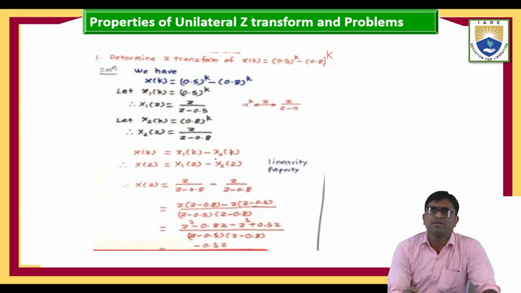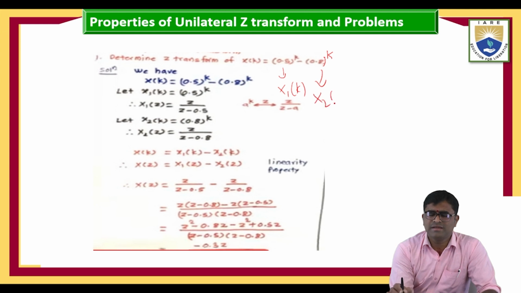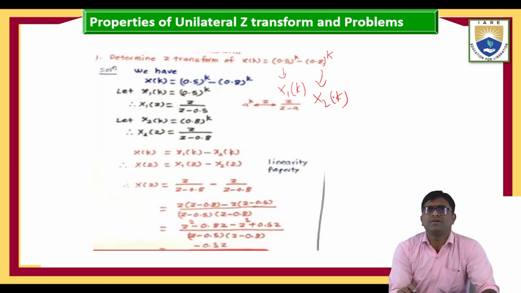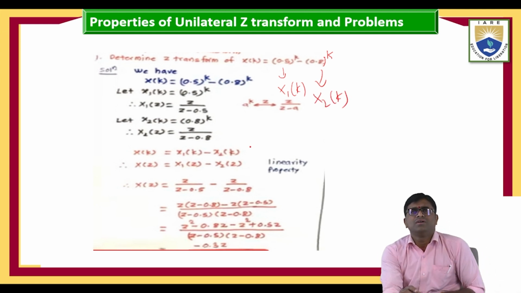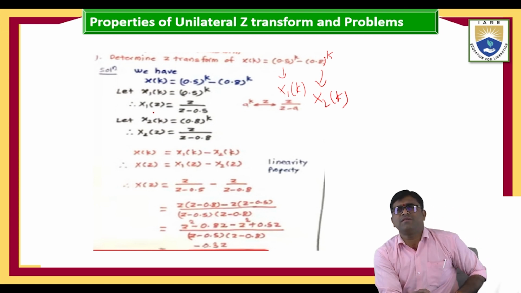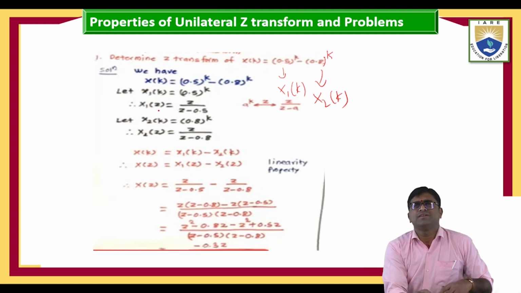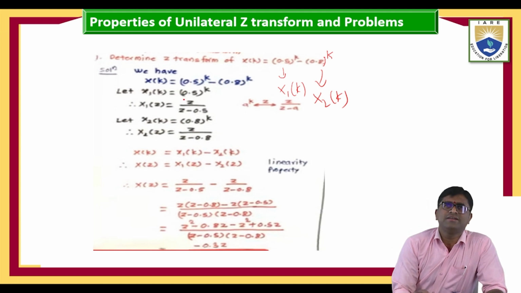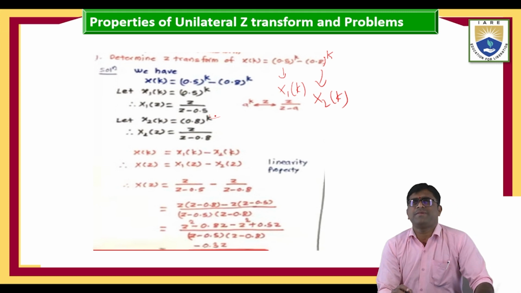Take x1 of k as 0.5 to the power k. If you apply the z transform, it becomes x1 of z, and the value of x1 of z is z by z minus 0.5.